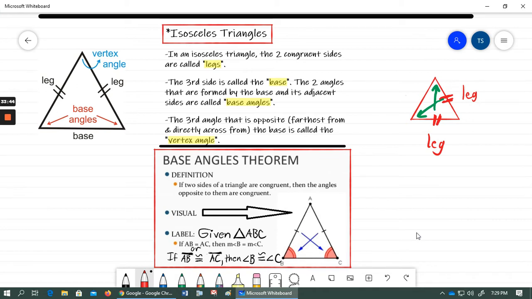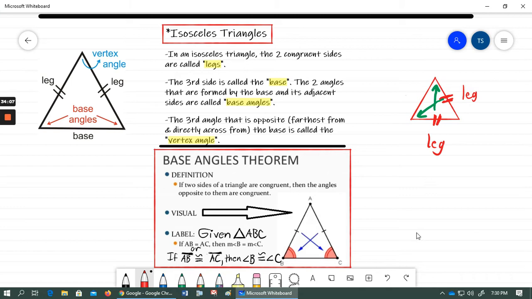So guys, that's the base angles theorem, and folks, look, the opposite of the base angles theorem is what in math we call the converse of that conditional statement. Anyway, I ain't got time to go into all that.